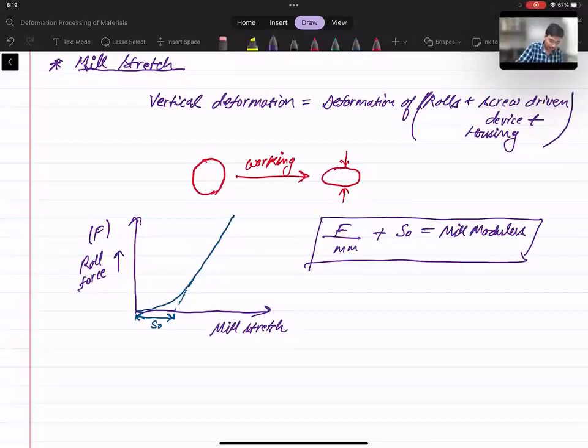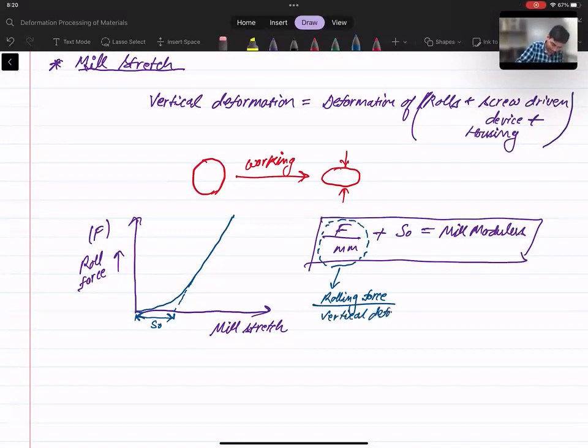Here, this particular term is rolling force by vertical deformation. Or mill stretch. This is the mill stretch itself.